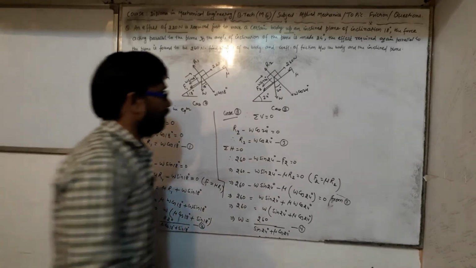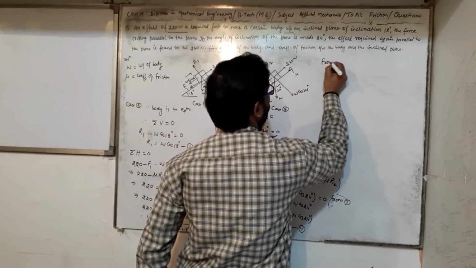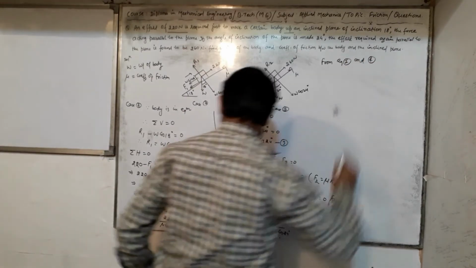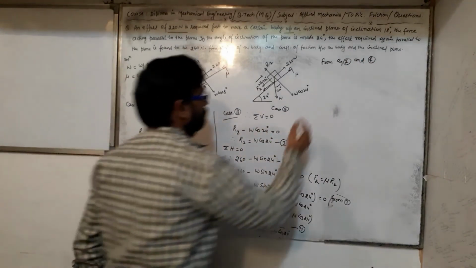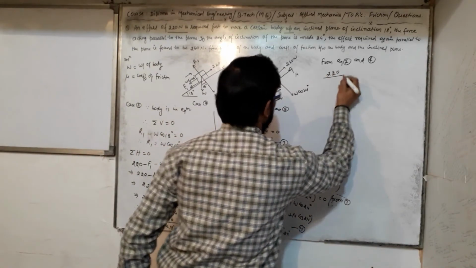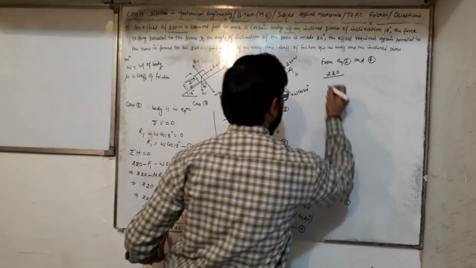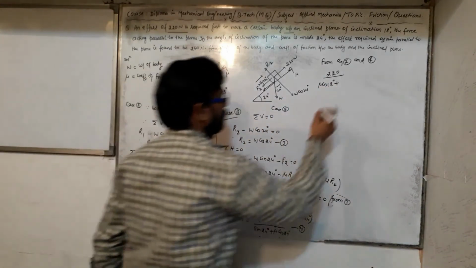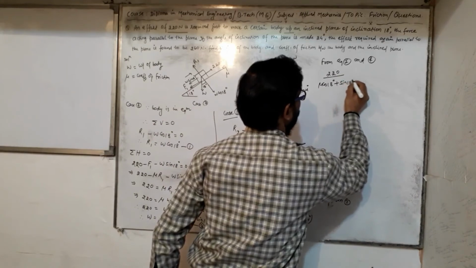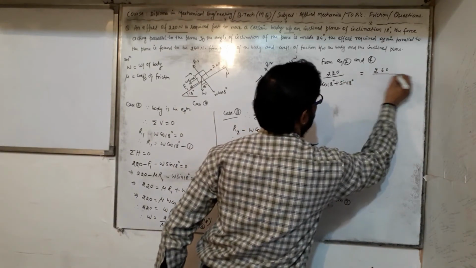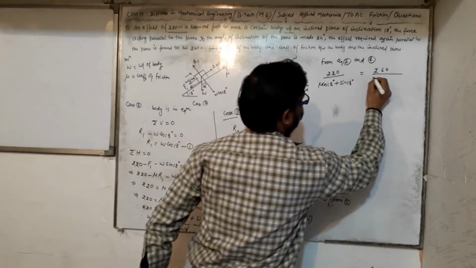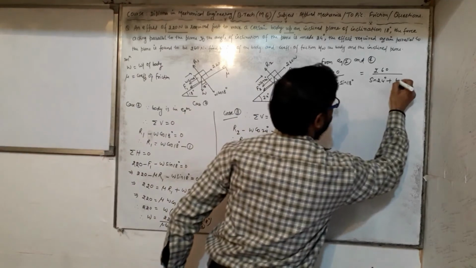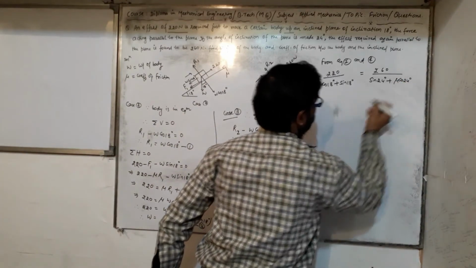So from equation number 2 and 4, 220 upon mu cos 18 degree plus sin 18 degree equals 260 upon sin 24 degree plus mu cos 24 degree.